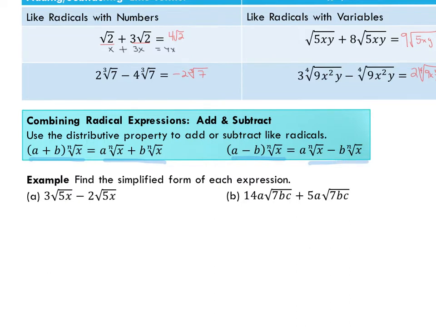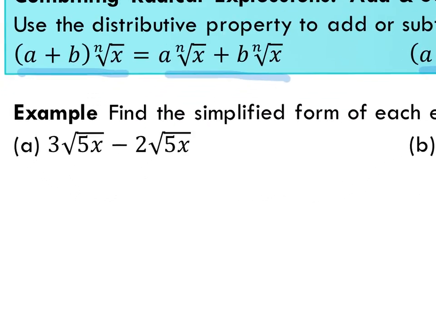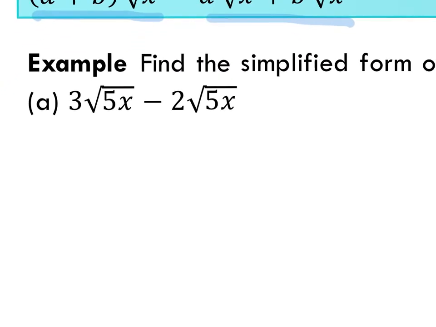So if we want to find the simplified form of each radical expression in our next example, notice for A we have 3 square root 5x minus 2 square root 5x. This would be 3 minus 2, which would be 1 square root 5x. And that's it.